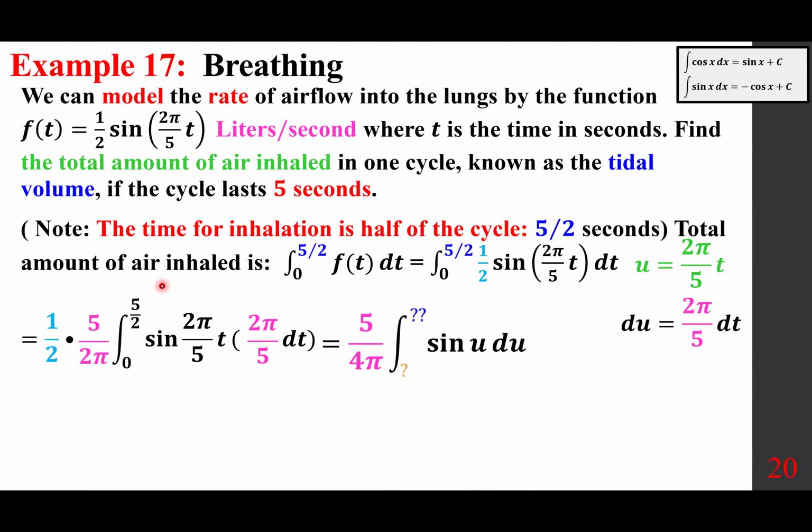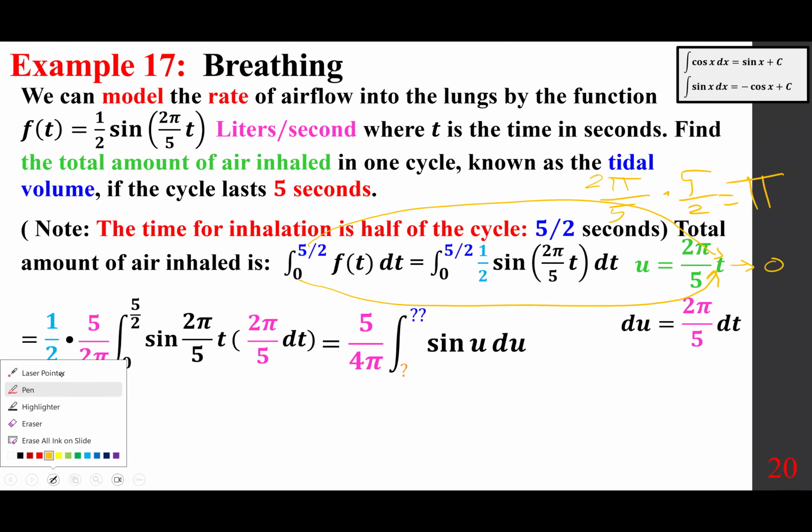Let's find them. If I plug in 0 here, I get 2π/5 times 0, which is 0. If I put 5 halves here, I get 2π over 5 times 5 halves, which is π.